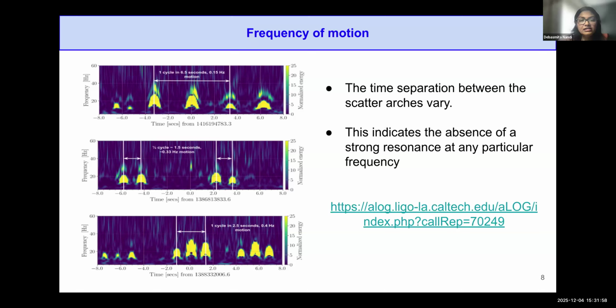This is very different than what we saw before, because in O3, when we had these glitches created by scattered light, the scattering surface always had a characteristic frequency which corresponds to the resonance frequency of that surface. But since we don't see that in O4, we know that this surface does not have a very specific sharp resonance at a certain frequency. Instead, it is a low Q resonance surface which does not have a very sharp resonance.